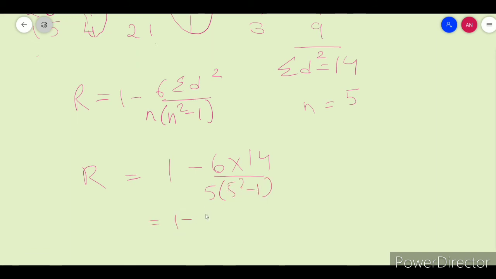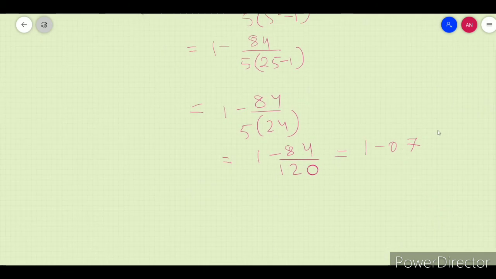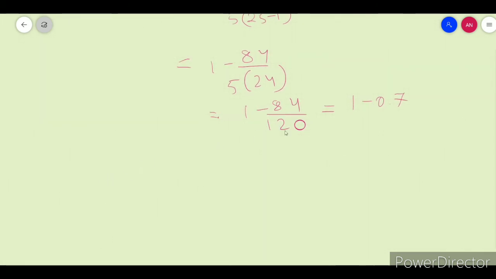This will give us 1 minus 6 into 14 is 84, over 5 square is 25 minus 1, and this will give us 1 minus 84 over 5 into 24. 5 into 24 is 120. So if we divide 84 by 120, we get 0.7, and the difference between 1 and 0.7 is equal to 0.3.